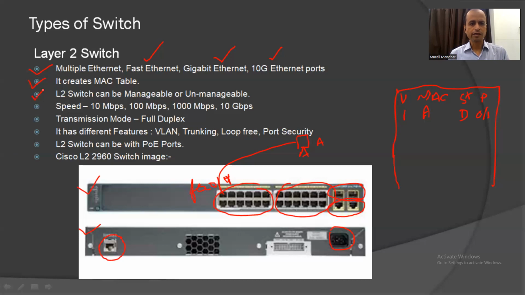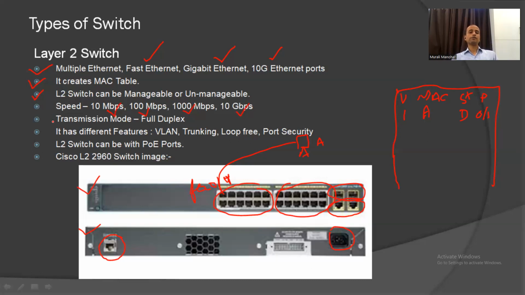Now the third point: a layer 2 switch can be manageable or unmanageable. Manageable means a switch that can be configured. Unmanageable is just plug and play. Just connect the network cables of different nodes to the switch and start communication. Fine. And speeds are 10 Mbps, 1000 Mbps, and 10 Gbps.